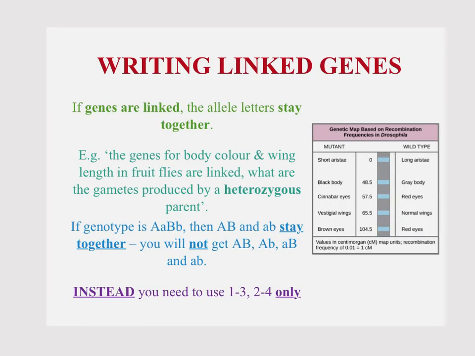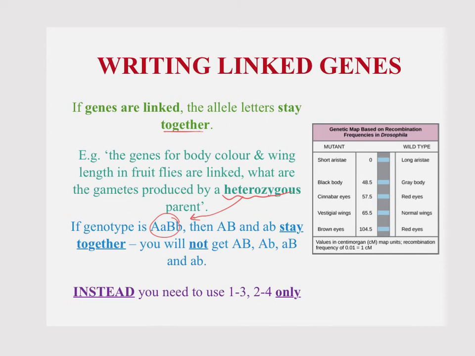Okay, so if the genes are linked, the alleles for the letters stay together. So if we take that example, the genes for body colour and wing length in fruit flies are linked. What are the gametes produced by a heterozygous parent? And we use this example here. So if we've got the genotype big A, little a, big B, little b, they are heterozygous, remember.